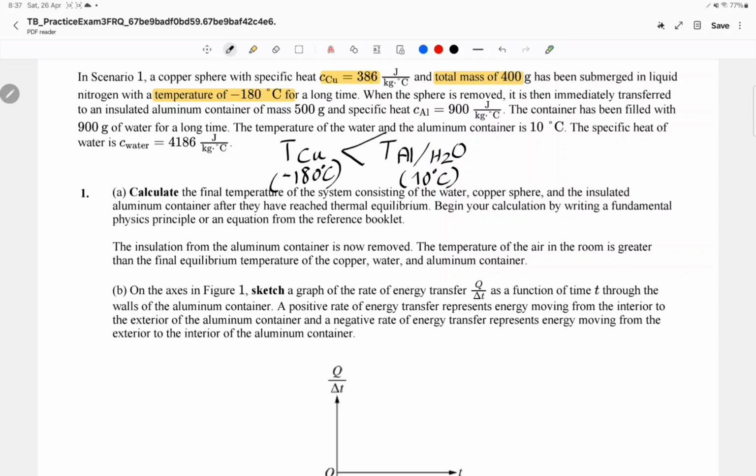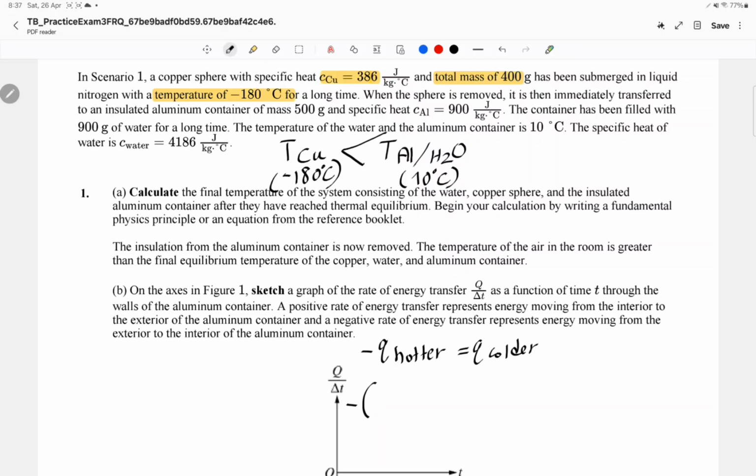So what we do is we say negative Q by the hotter object is equal to Q by the colder object. And the hotter object is going to be the aluminum and the water, right? So we're going to say negative MC delta T for the water.